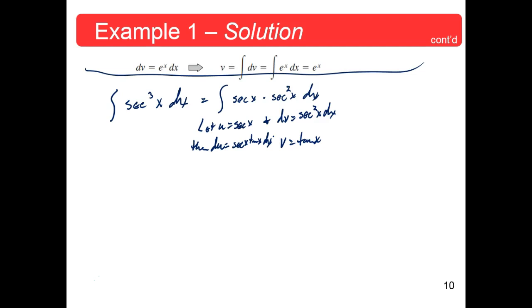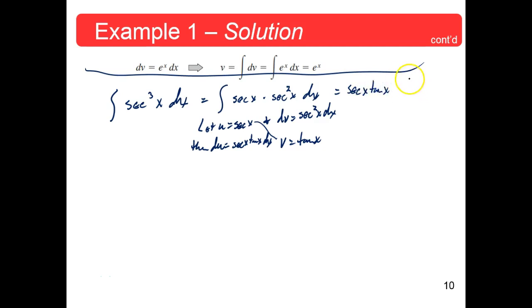All right, now I'm not sure this is going to work. This is just trying something. So let's see, what would that be if you did your rule here? Your UV here would be secant x tangent x. That keeps showing up, doesn't it?